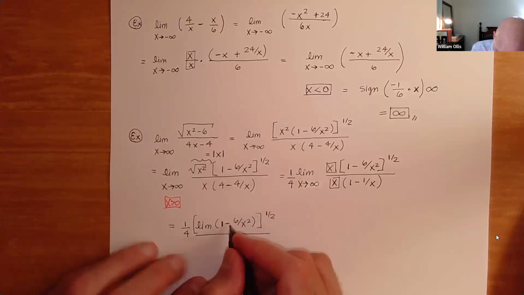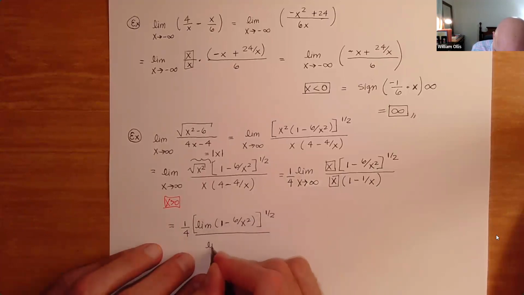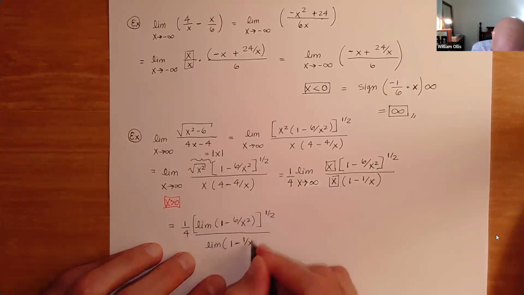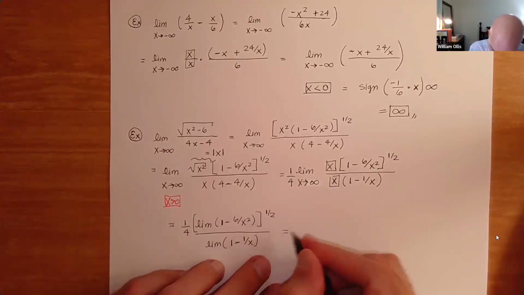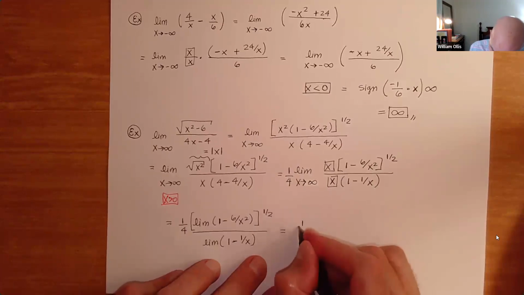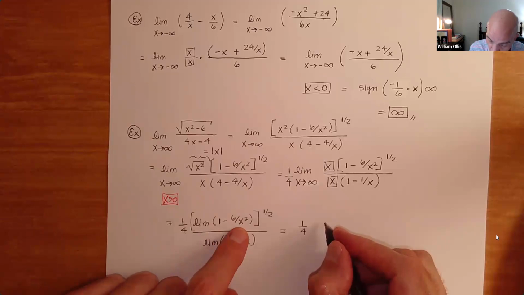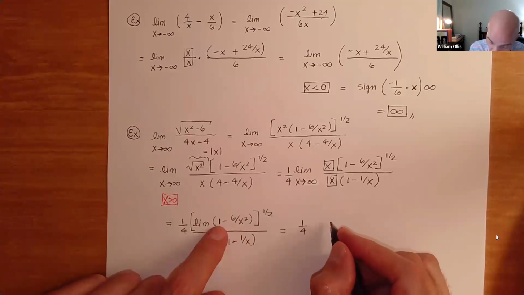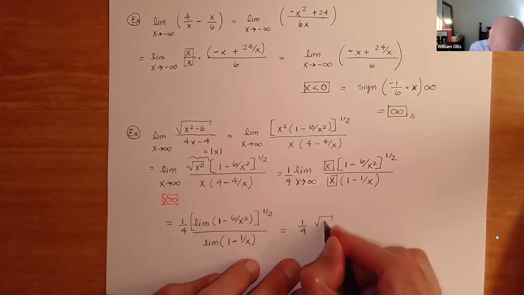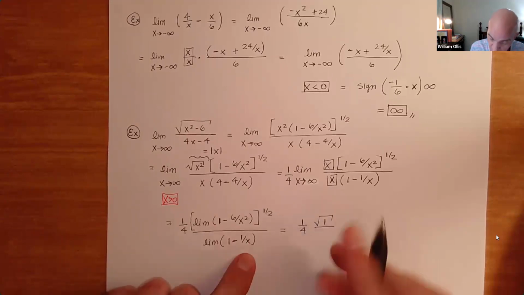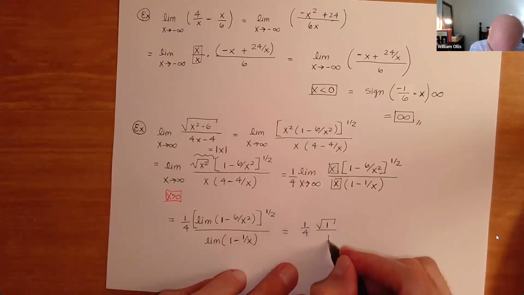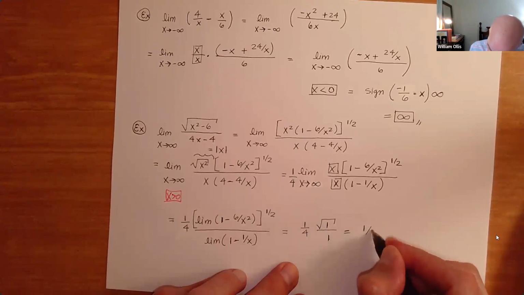And then downstairs, we just have the limit of 1 minus 1 over x. So, of course, this will give us 1/4. And then we have, in this case, the square root. Of course, this term will tend to 0, so we have the square root of 1. And then here, this term tends to 0 divided by 1. So we just get 1/4.